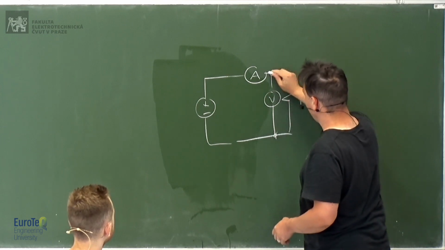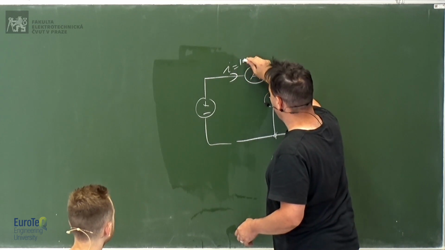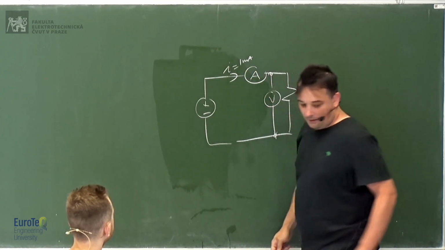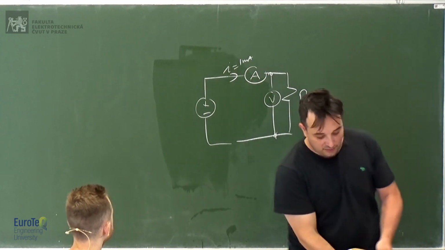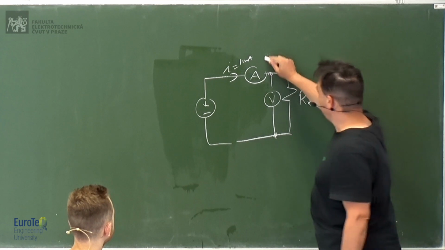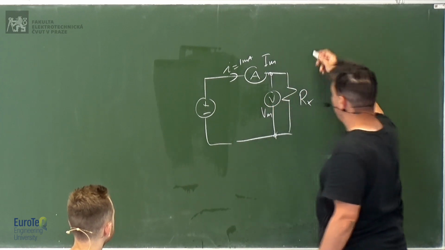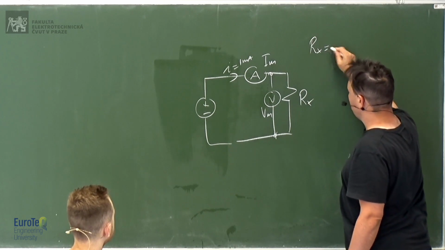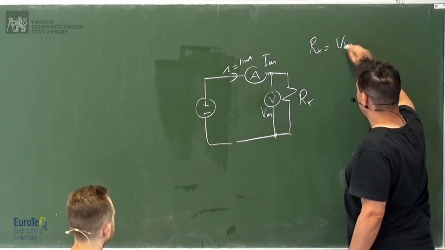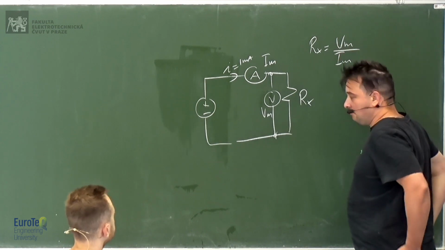You put a voltmeter, you put the ammeter. Let's say here you have a current of 1 milliamp. So you measure this current with the ammeter, you measure the voltage with the voltmeter, and you know that the resistance will be the measured voltage divided by the measured current, okay?